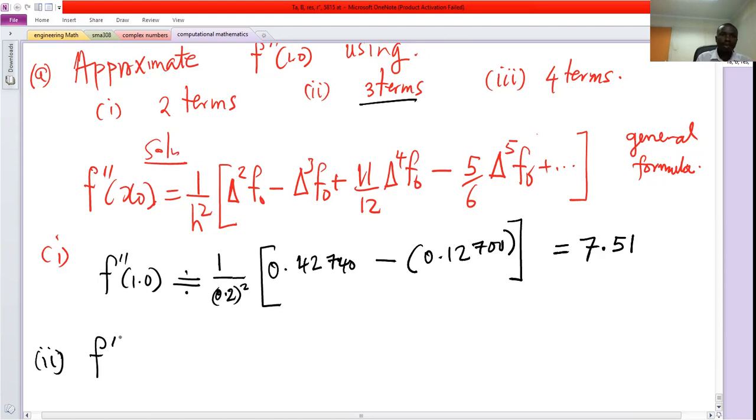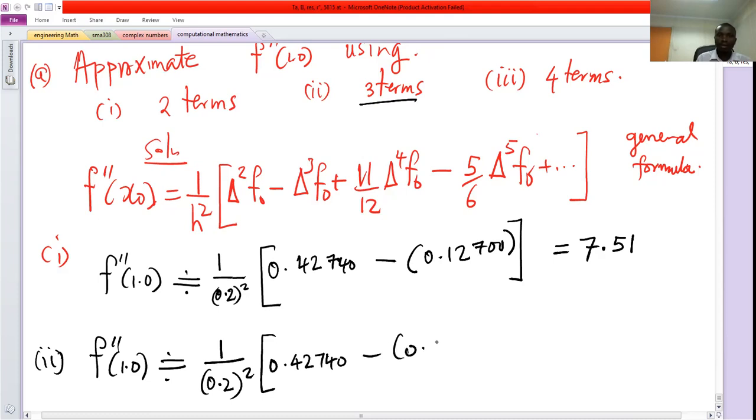Roman 2, 3 terms. So f double prime at 1.0 will be approximated by 1 over 0.2 squared into 0.42740 minus 0.12700 plus now 11 over 12 into that difference, which is 0.035100.